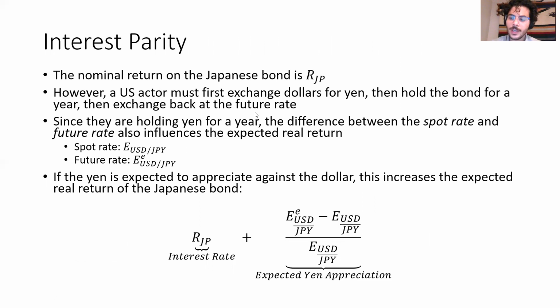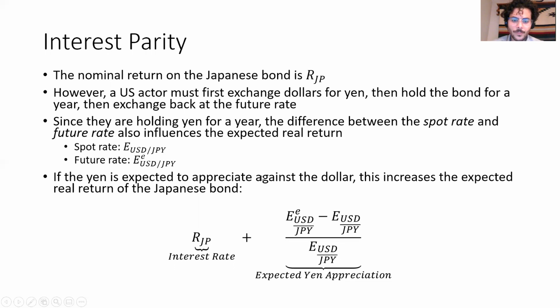Since we're holding that yen-denominated asset for a year, the difference between the spot rate and the future rate also enters into the expected real return of the yen-denominated asset. So for the spot rate, we're going to call that E USD to JPY, and the future rate is EE USD to JPY. Or I'll just call this the spot rate and the future rate for clarity.